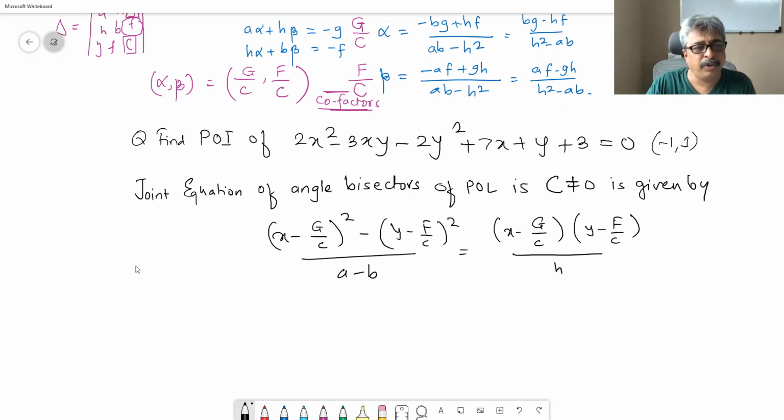So whatever we have found out, now we shift the origin and then get the equation of bisectors. Easy.